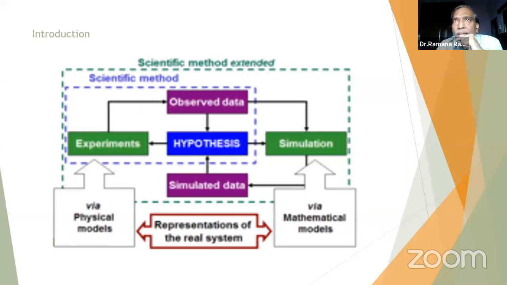In the shipbuilding industry, though engineering drawings and all are available even now, they will build a scaled down version, 1 is to a million. That means every 1 centimeter on the model corresponds to a million centimeters in the actual physical space.